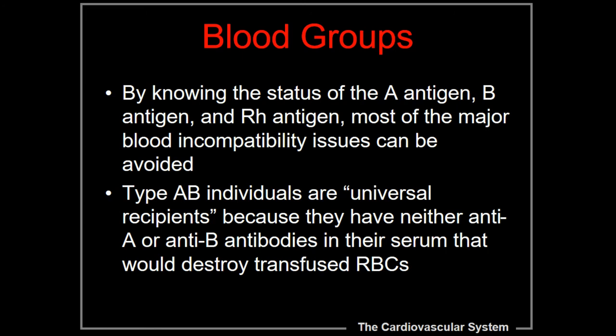And then, of course, type O, since it has no antigens, can be given to anyone. So type AB is the universal recipient. Type O is the universal donor. So if you watch your medical shows and they bring in someone that's been injured and they need a blood transfusion, they always ask for O negative.